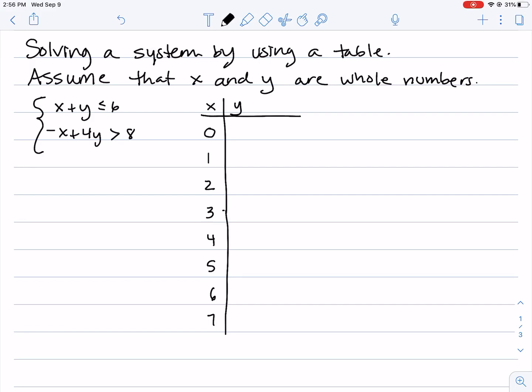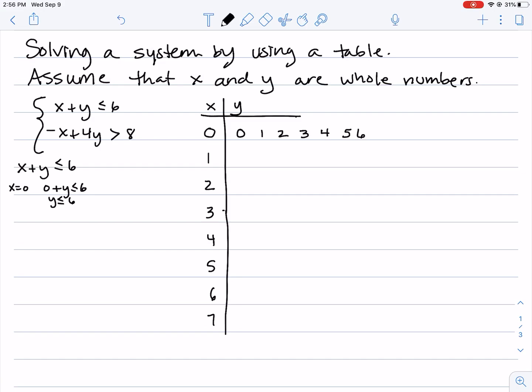So I am going to take x plus y less than or equal to 6 and substitute in x is 0. I get 0 plus y less than or equal to 6, so y is less than or equal to 6. My solutions for y are all the whole numbers less than or equal to 6. So my y values for 0 would be 0, 1, 2, 3, 4, 5, and 6.